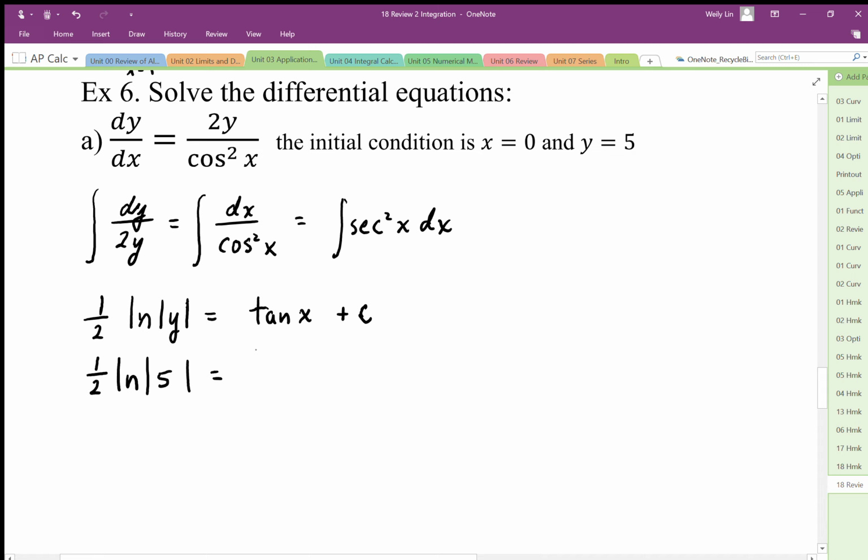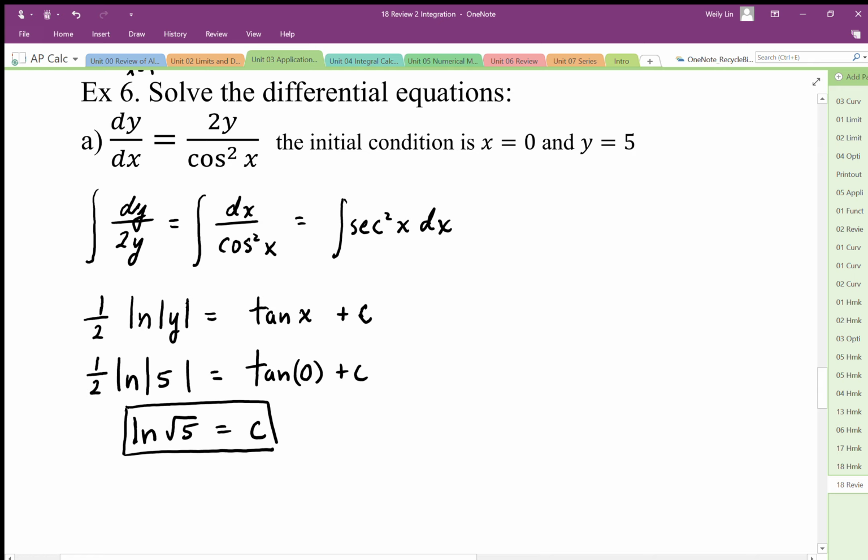X is going to be 0, so tan 0 plus c. So then this works out to be the square root log square root 5. That's going to be 0, so that's going to be my plus c. Okay, so there's my plus c.